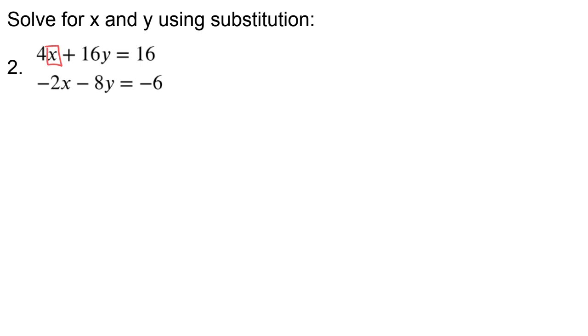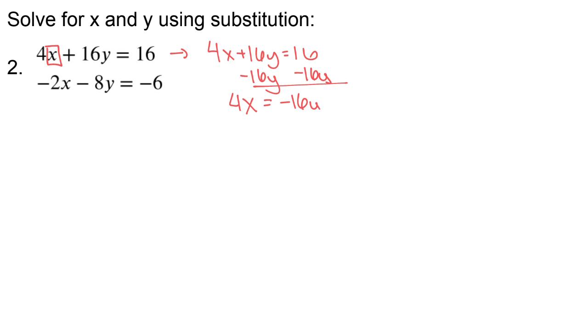So first things first, let's rewrite this and get x by itself. First up, I'm going to minus the 16y over to the other side. So we're going to have 4x equals, now those aren't like terms, so we can't put them together. And then divide by 4. Make sure you're dividing everybody by 4.